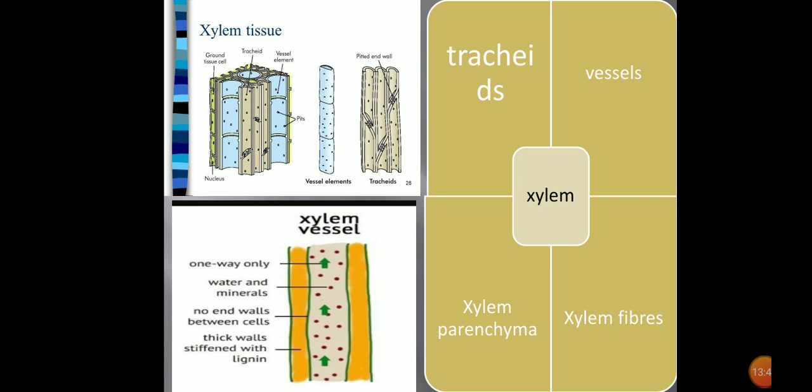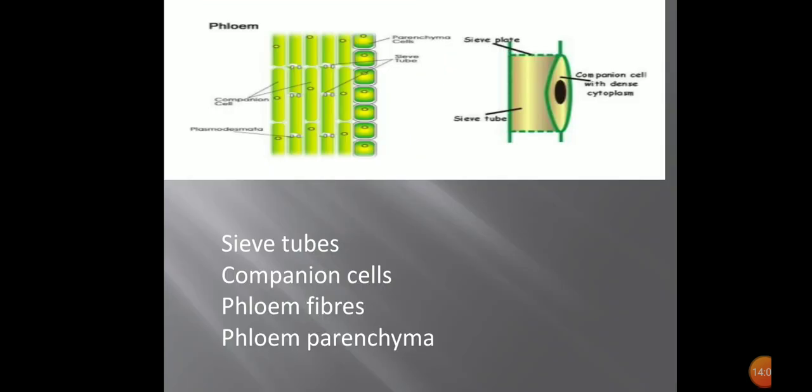So in xylem, a complex permanent tissue, there are four types of components: xylem parenchyma, xylem vessels, tracheids and xylem fibers.